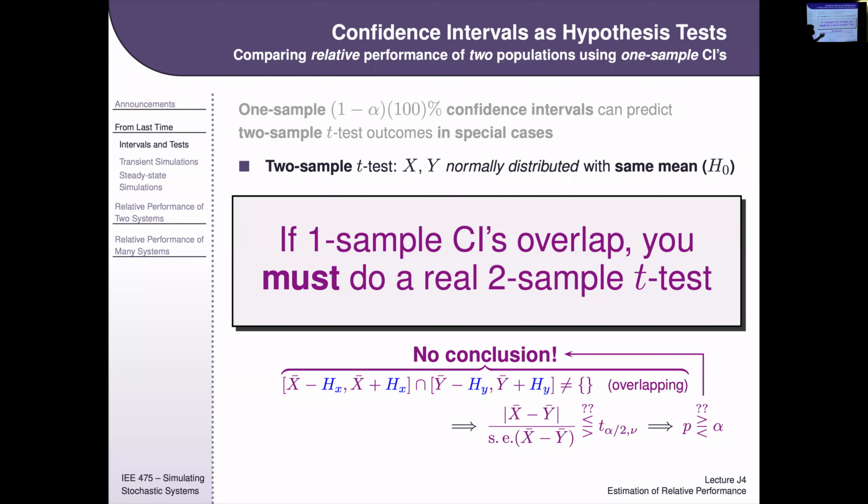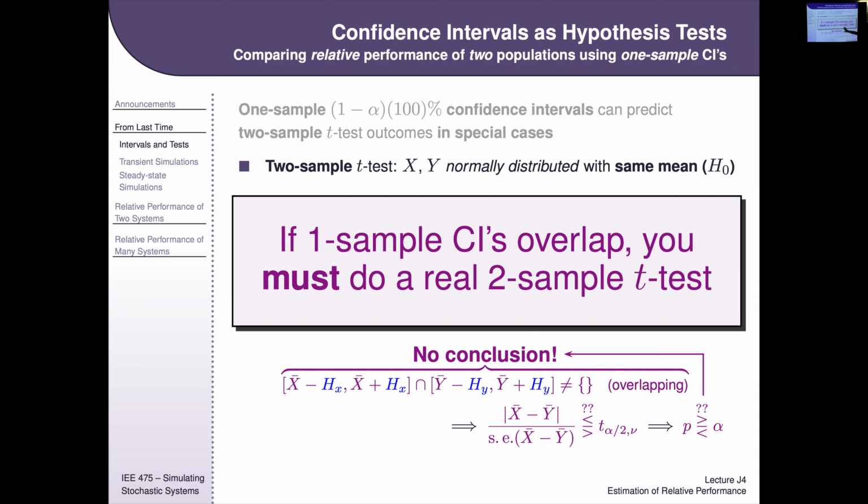Or you go into JMP and take all the data out of the one model, all the data out of the other model, put it into a two-sample t-test in JMP, run it, and see what the p-value is. But if they don't overlap, you don't have to do any of that. You can just jump straight to the result.